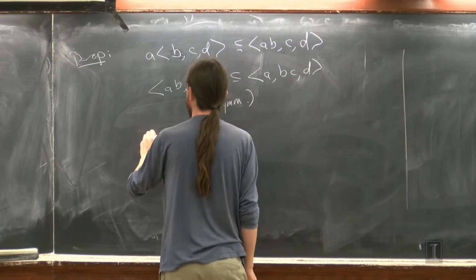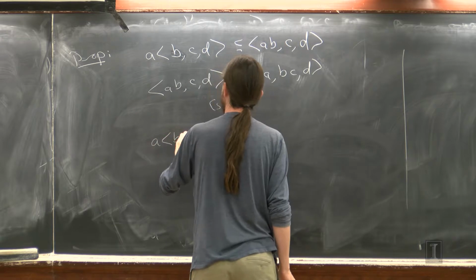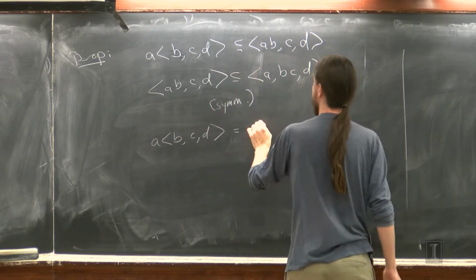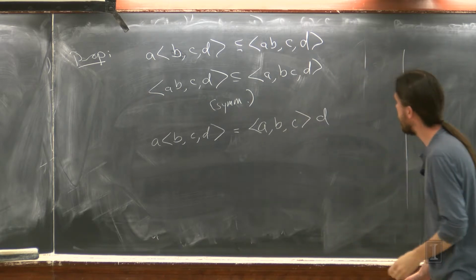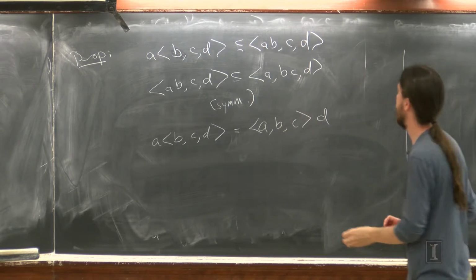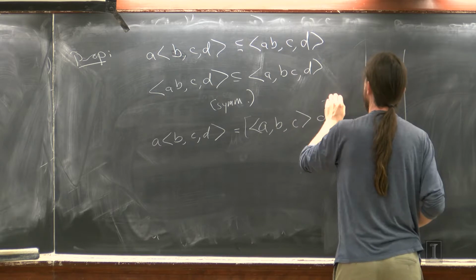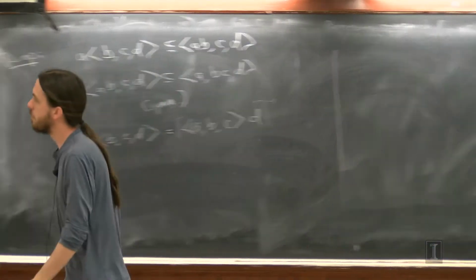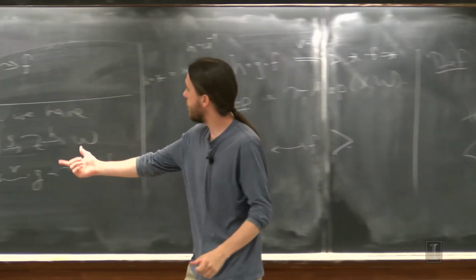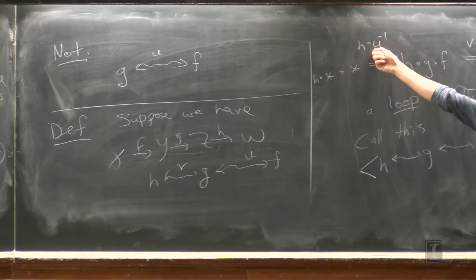And we also have a formula that looks like this. So we almost have this relation, except that we actually have to apply an inverse to one side. And that inverse has to do with the fact that when we were doing these composites, we had to reverse one of the paths.